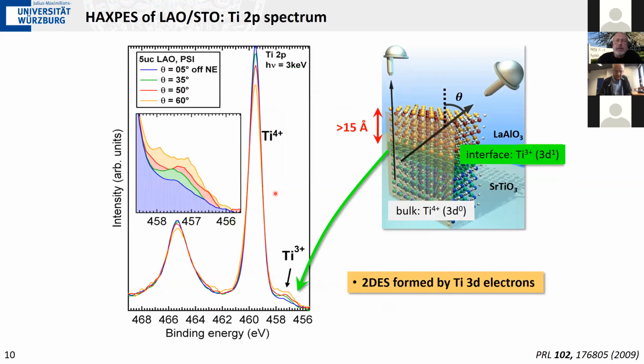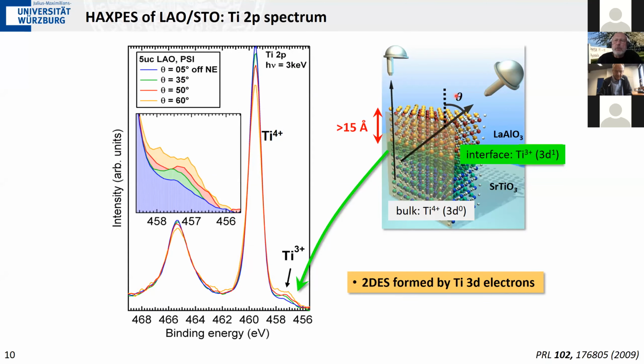We can get a little bit more information by doing some depth profiling. As I told you yesterday, you can tune the probing depth by going to larger and larger escape angles, because then you bend the path of the photoelectrons from the site of excitation towards the analyzer. If you have a finite angle with respect to the surface normal, this leads to a smaller probing depth.